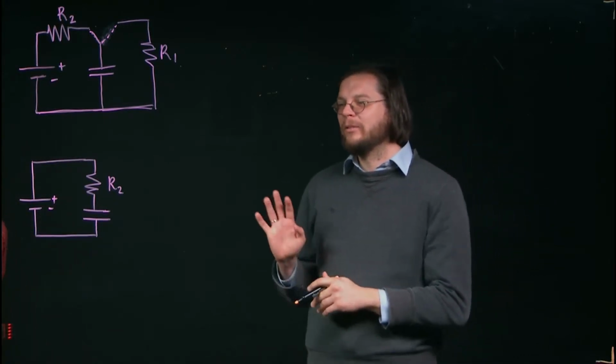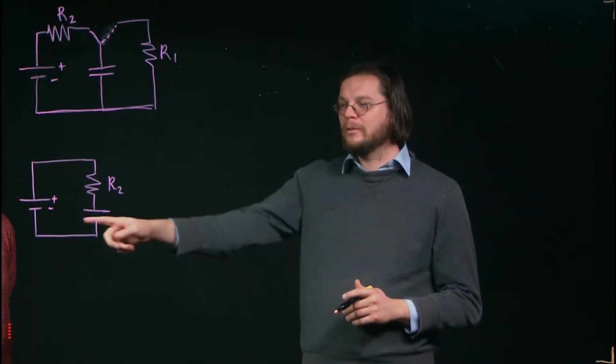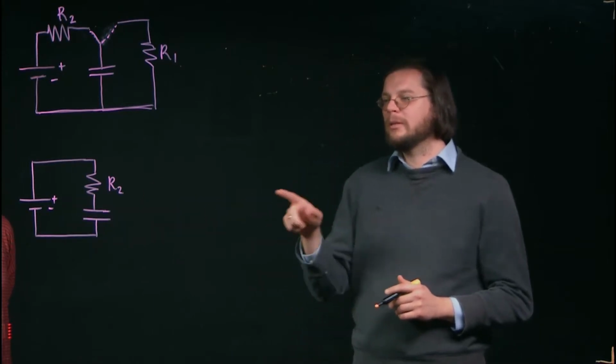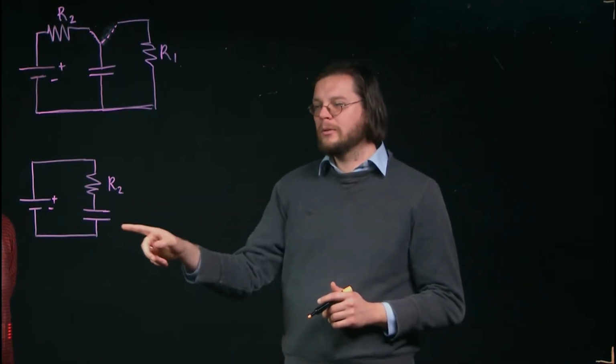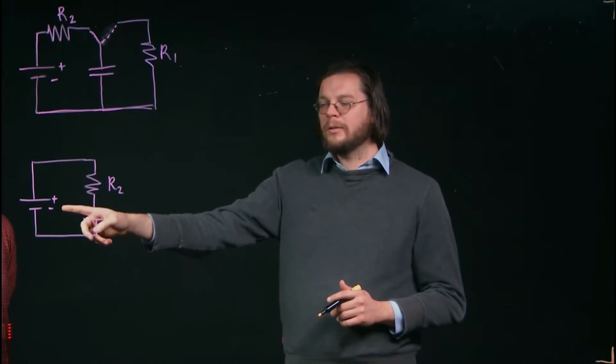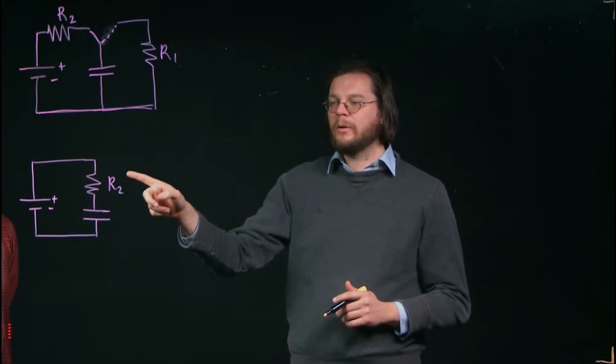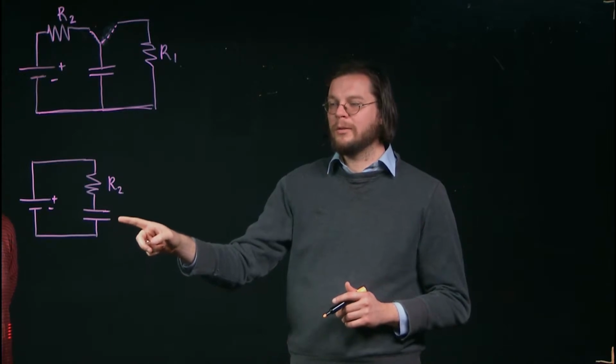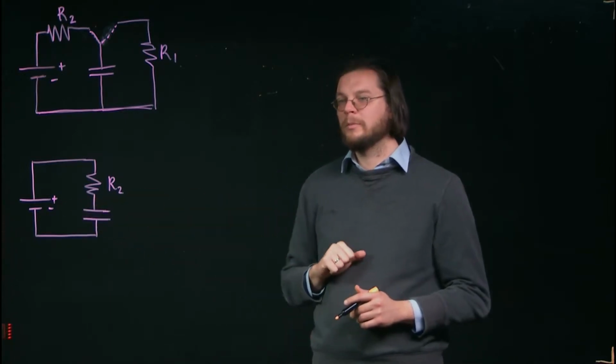Okay. So let's think about this for a second. There's the voltage of the battery there. There are a couple different ways to do the circuit, but I like drawing it this way because it suggests that the voltage drop across the resistor plus the voltage drop across the capacitor is equal to the voltage drop across the battery.